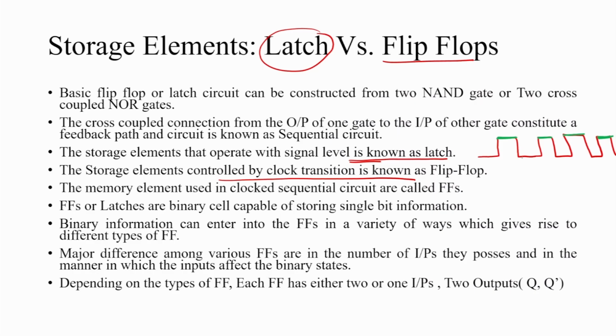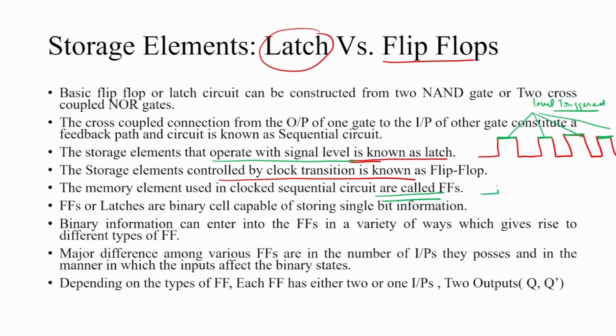That is why it is known as operating with a signal level, and we can also say that latches are level triggered. The memory elements used in clocked sequential circuits are called flip flops.